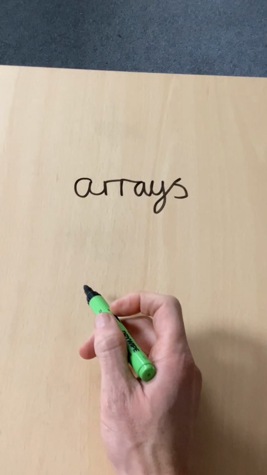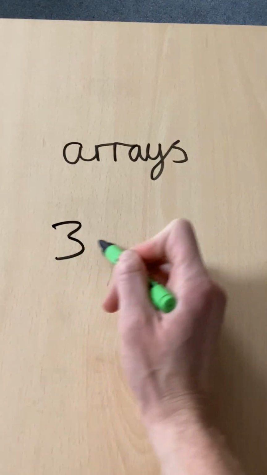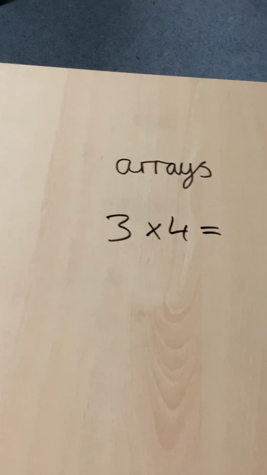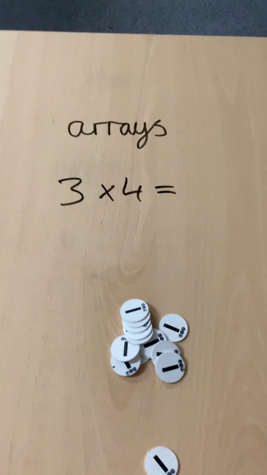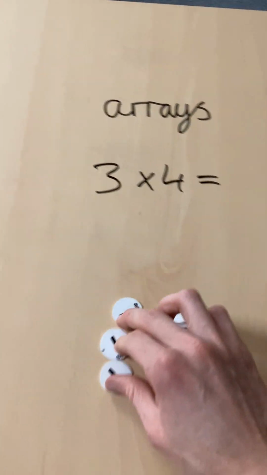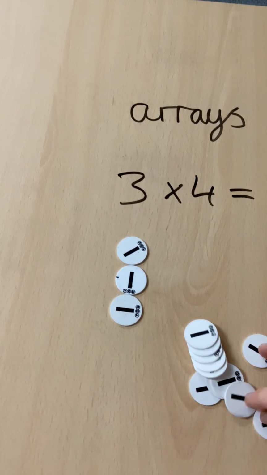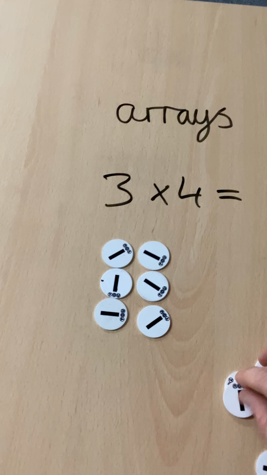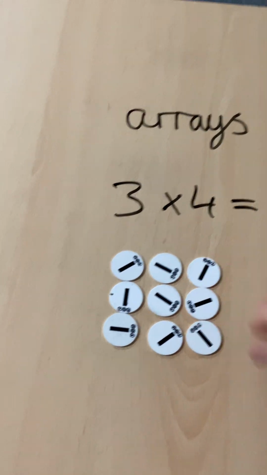So from a first simple point, if we had a question such as 3 times 4 equals, we can get our counters or we can draw, and we would get 3 counters, and we would do that 4 times because it's 3 times 4.